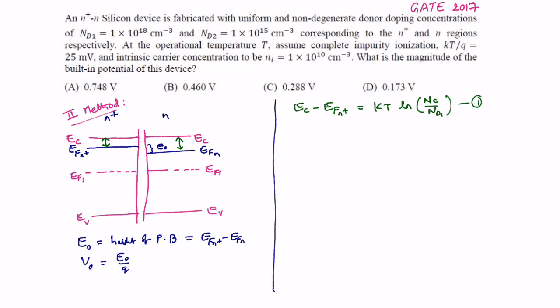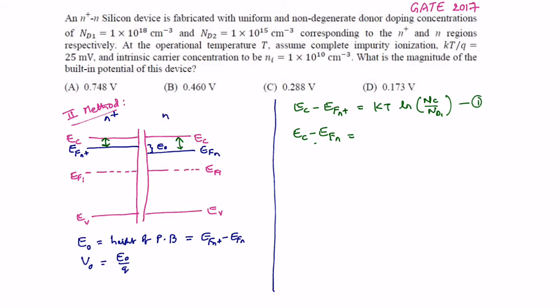EC minus EFN means the position of Fermi level of n-type semiconductor with respect to conduction band. That is relative position of Fermi level on n side with respect to conduction band.